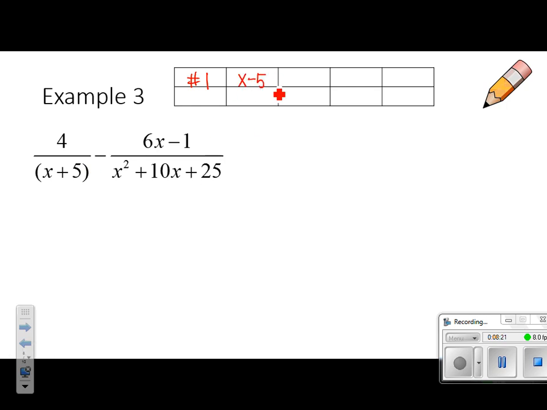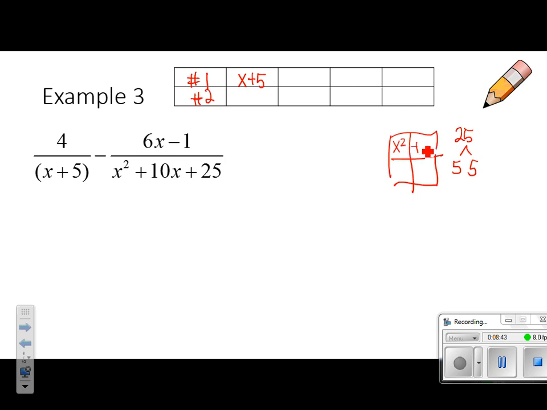Oh, it's x plus 5, excuse me. So x plus 5 is the only factor. Now let's look at fraction number 2. X squared plus 10x plus 25. I think I can factor that. 2 factors of 25 that make 10, 5 and 5. Put them in your squares.